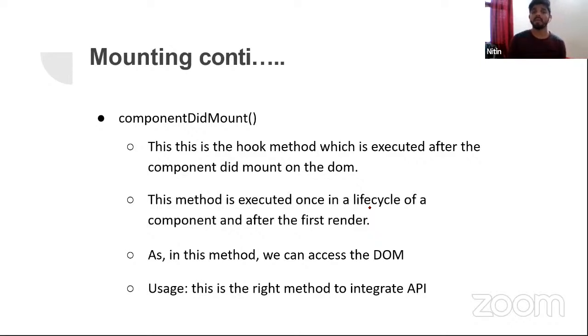And in this method, we can also access the DOM, because render happened previous to this. So something is rendered in our component now, and we can access that rendered DOM. Okay. So let's just suppose you have a div, then you can use document.getElementById to get that div. Okay.